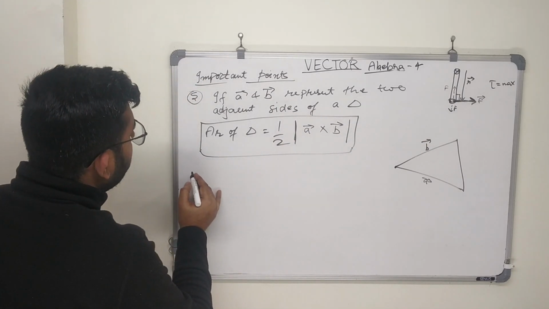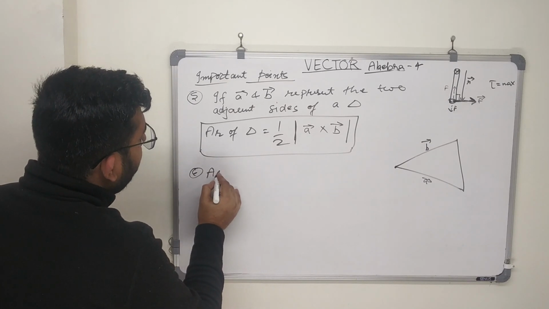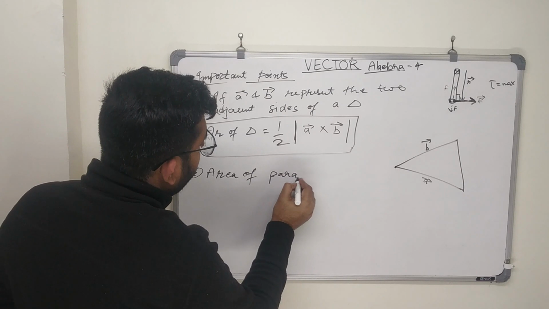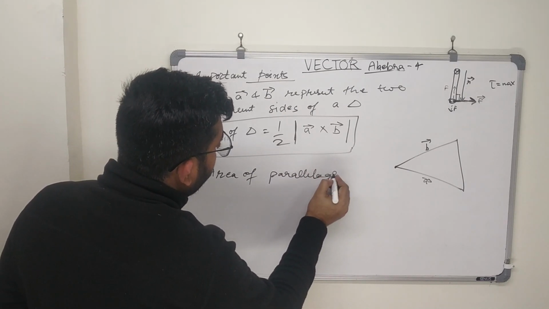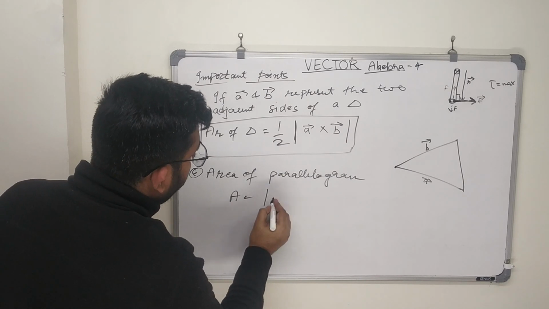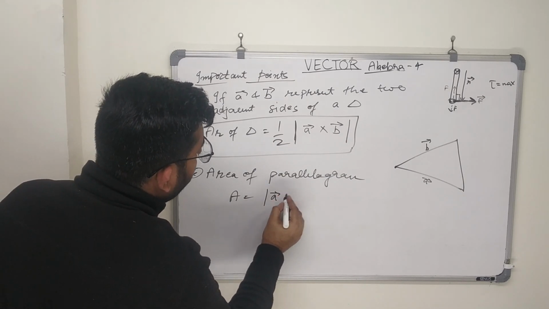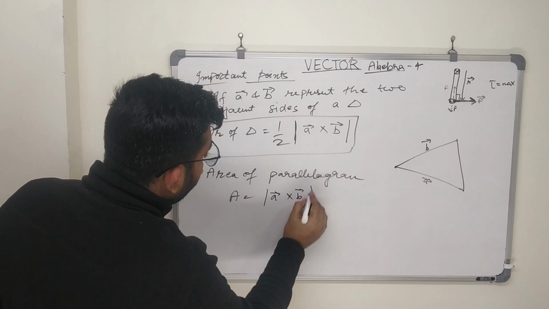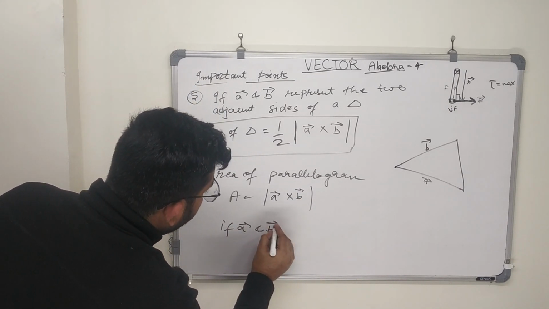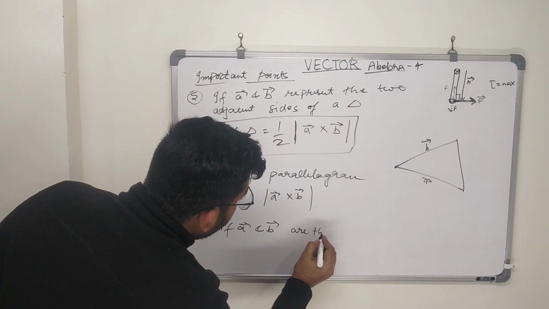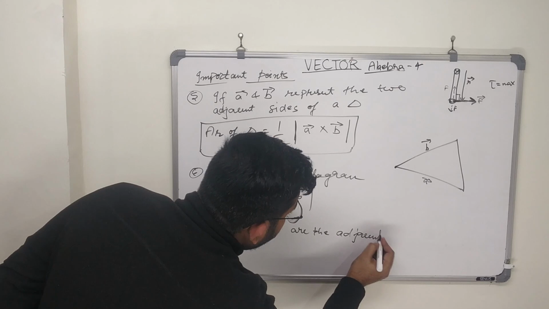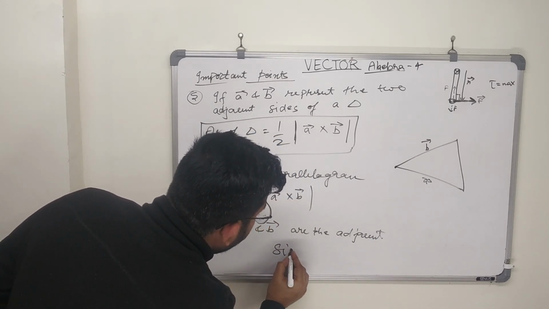Similarly, we can also calculate the area of a parallelogram. That is equal to the magnitude of A vector cross B vector, if A vector and B vector are the adjacent sides of the parallelogram.